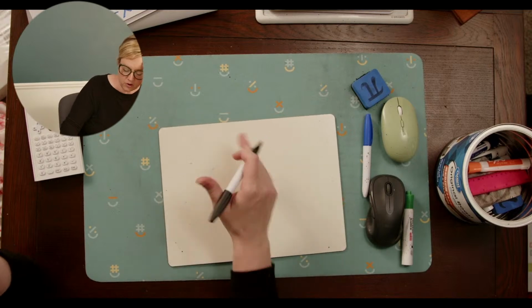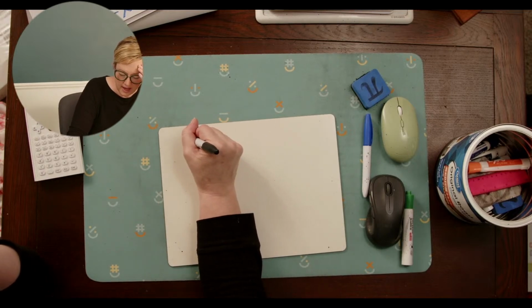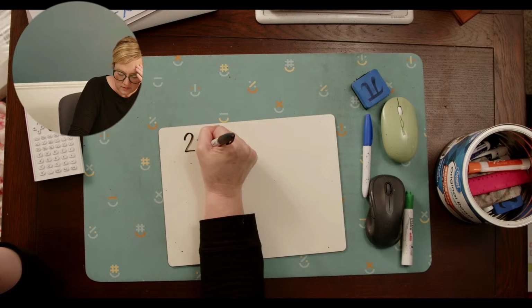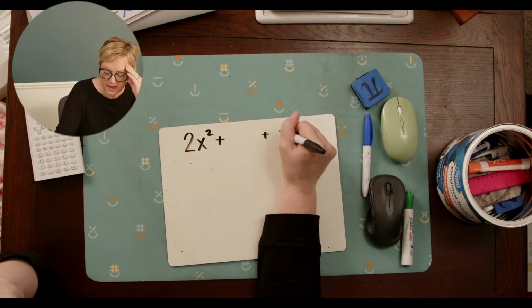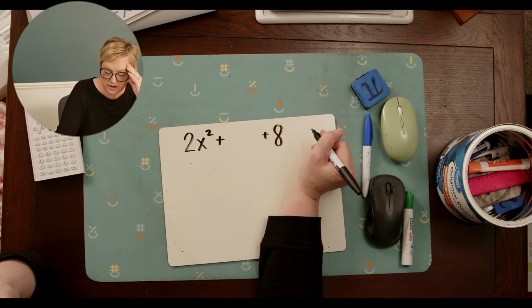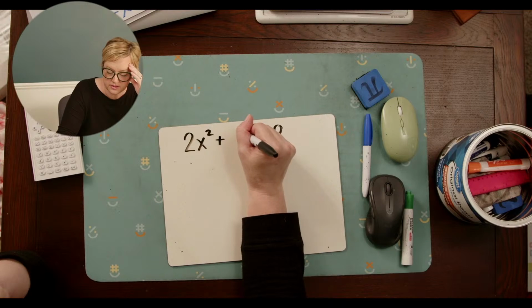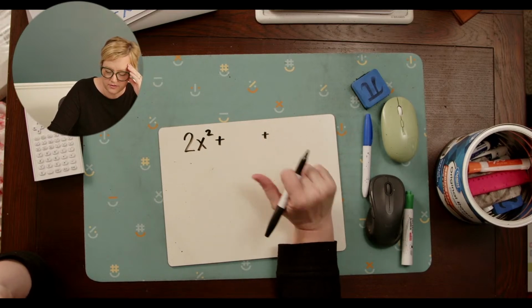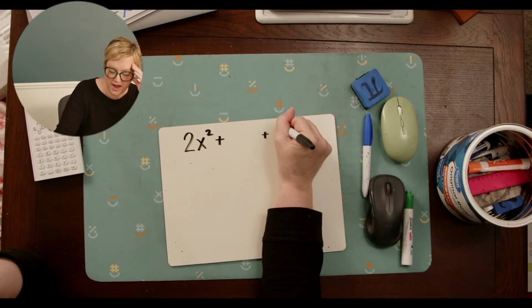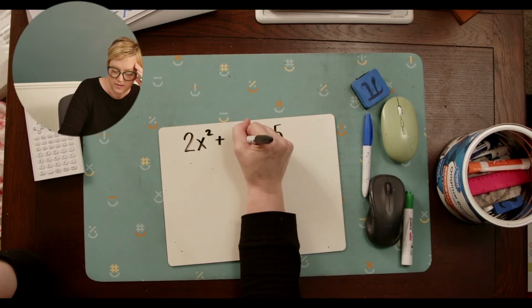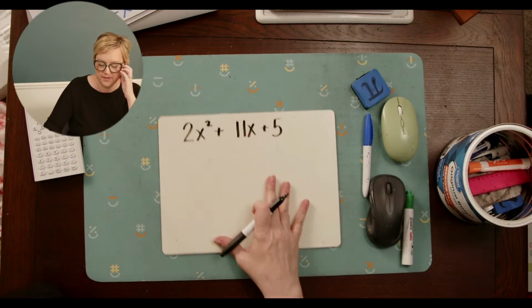So factoring a quadratic like 2x squared plus, let's see, we'll put 8 down here. And let's do, actually, I'm going to do 5 here and then 11x here, okay?